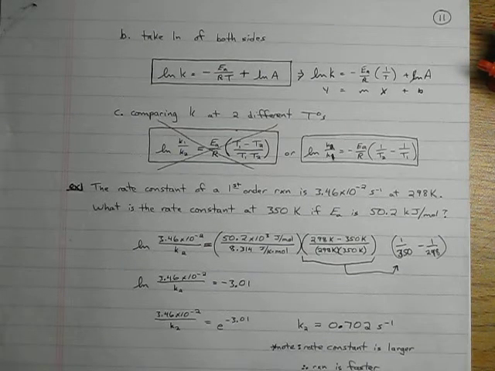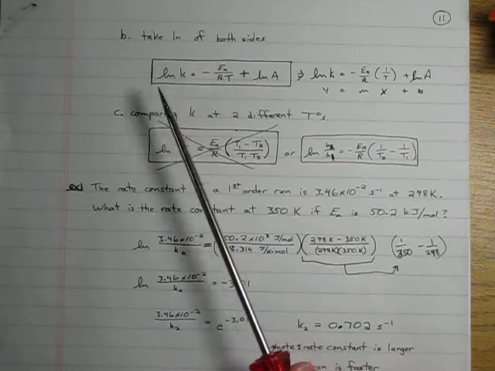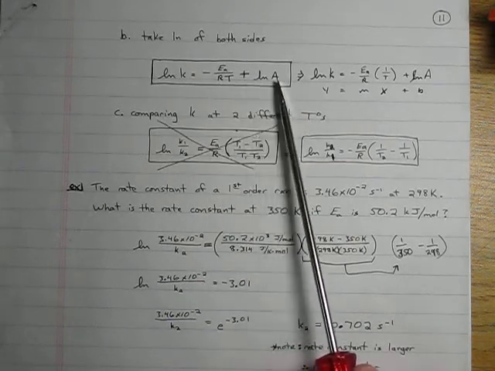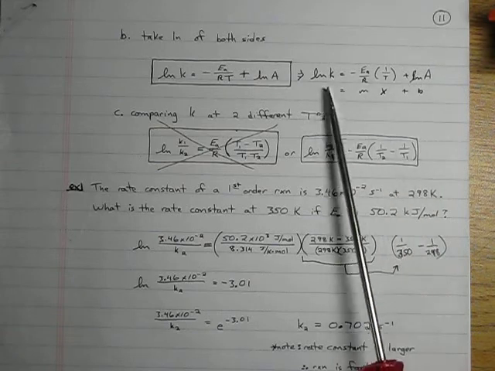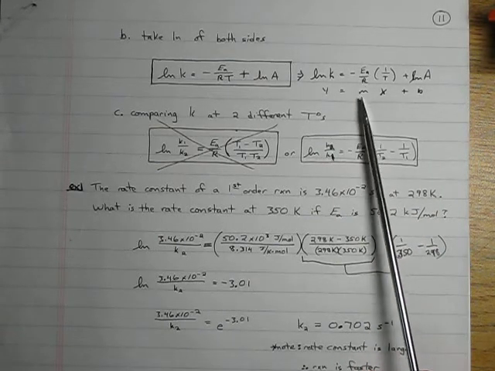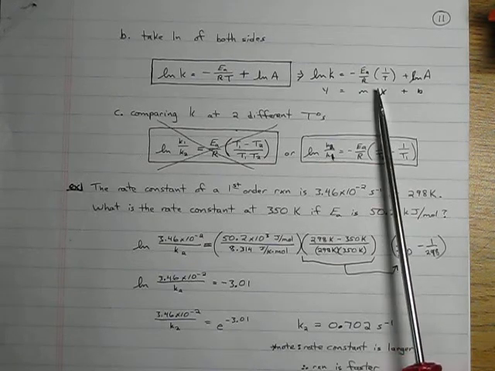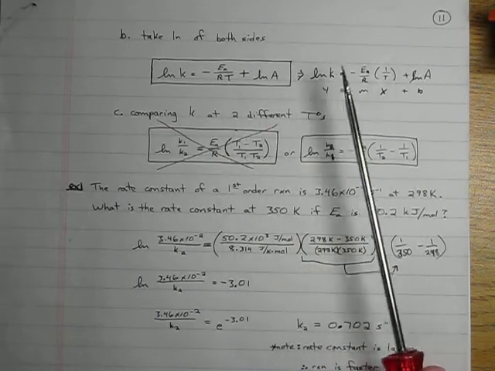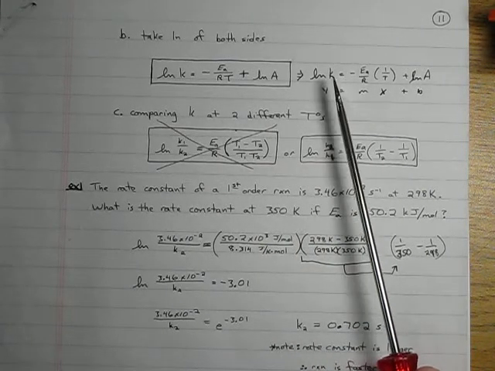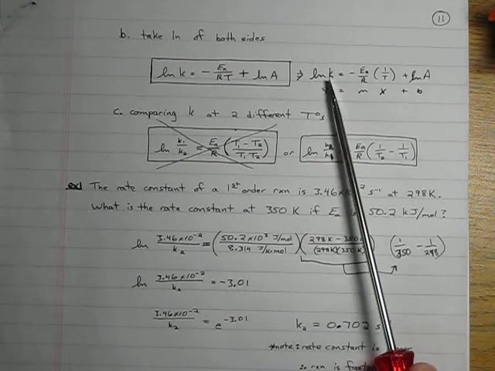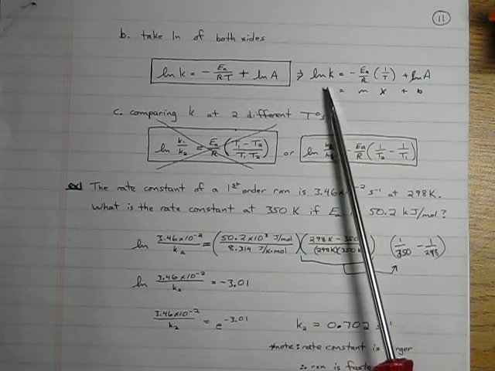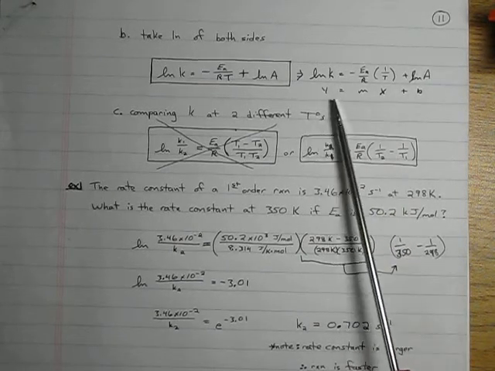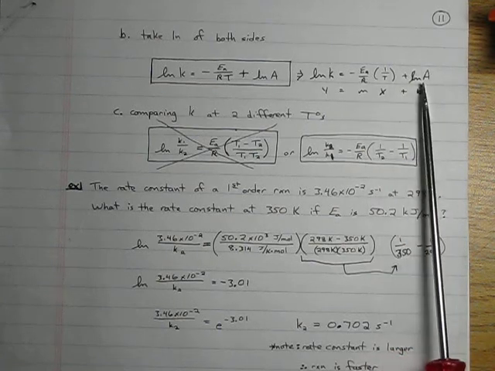Turns out you can take the natural log of both sides of this equation, and when you do that, you get ln k equals negative Ea over RT plus ln A. And note this is in the form of y equals mx plus b, where ln k is y, the slope of the line is negative Ea over R, the x-axis is 1 over T, and b is ln A. So you can run some experiments, calculate rate constants at various temperatures, plot the natural log of the rate constant on the y-axis, 1 over the temperature on the x-axis, and this straight line will give you the activation energy and the pre-exponential factor.